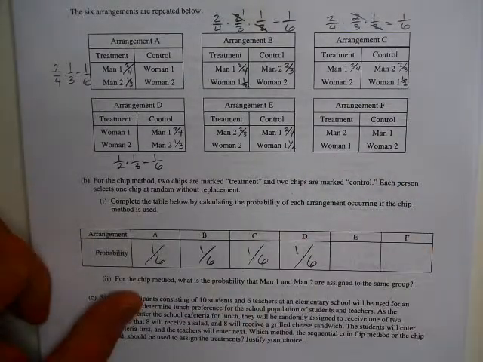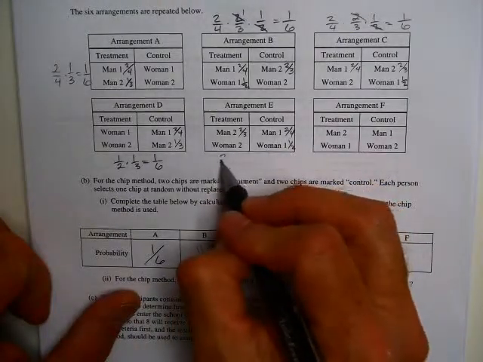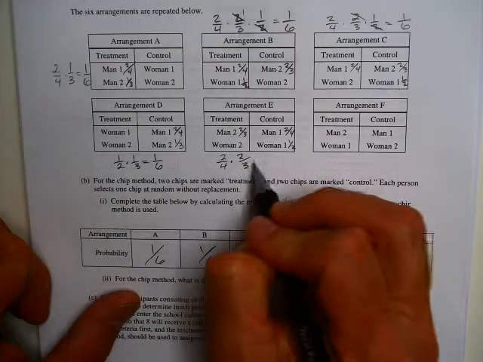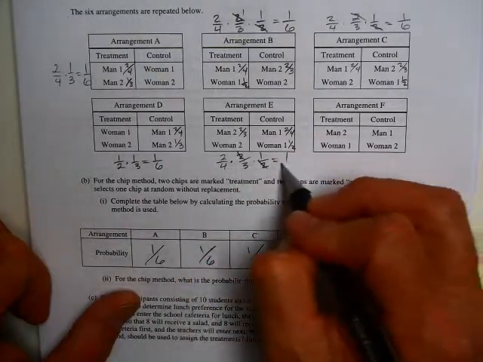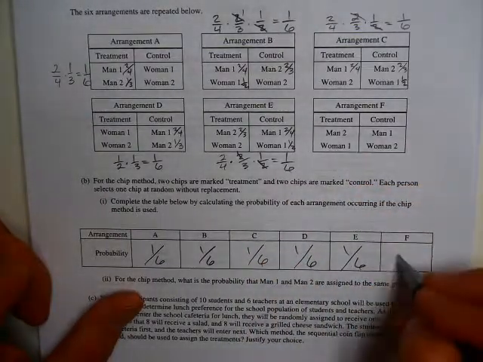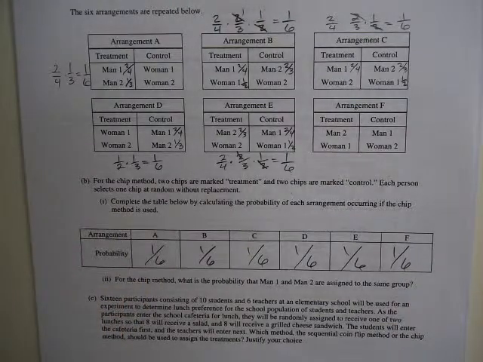And then woman 2 just gets the last chip. So this is going to be, yet again, 2/4 or 1/2 times 2/3 times 1/2. Those guys cancel, and I get 1/6. And that basically forces the last one to be 1/6, because your numerators have to add up to 6, so your denominators will all have to be the same at that point.